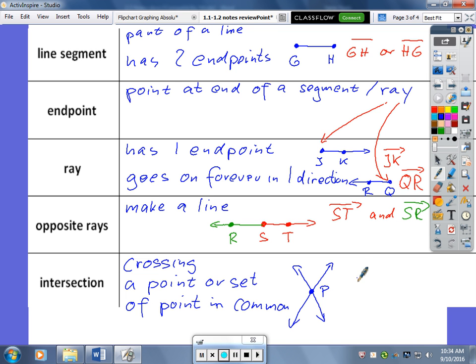We can have an intersection between a plane and a line. The line crosses the plane. I'm going to indicate with dotted line where it's behind.